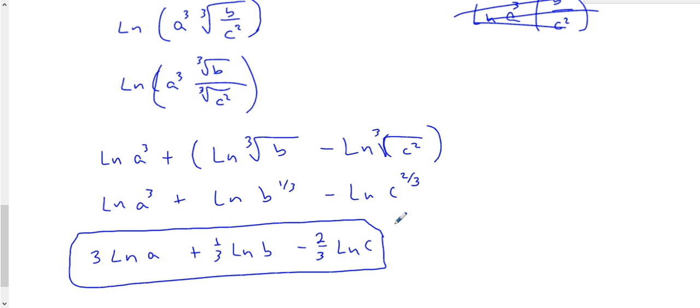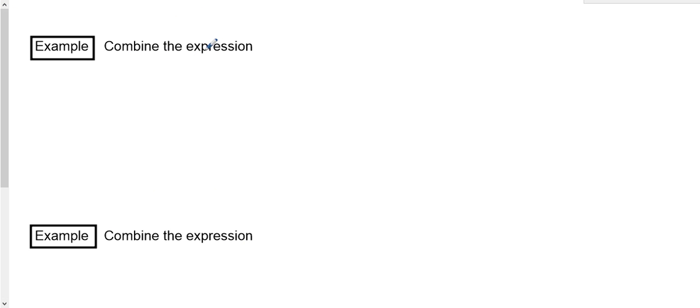Okay? Now let's look at combining some expressions.